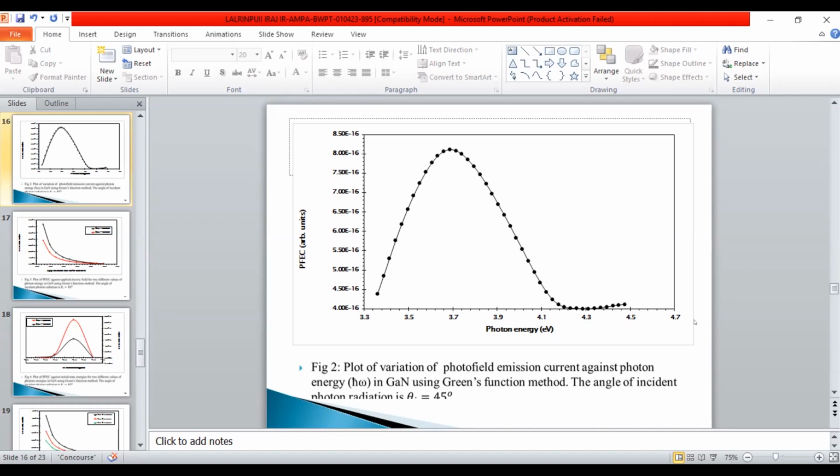From the plot, we find that the photo field emission current, PFEC, increases as photon energy increases, but it becomes maximum at about photon energy 3.687 electron volt. With further increase in photon energy, photo field emission current decreases and it becomes minimum at ħω approximately equal to 4.25 electron volt.